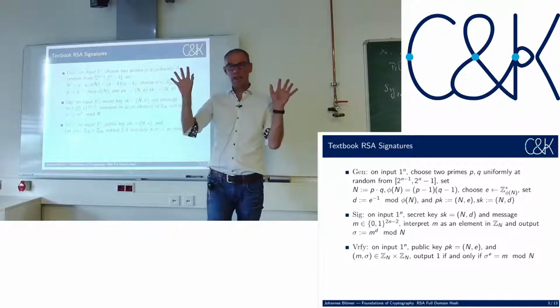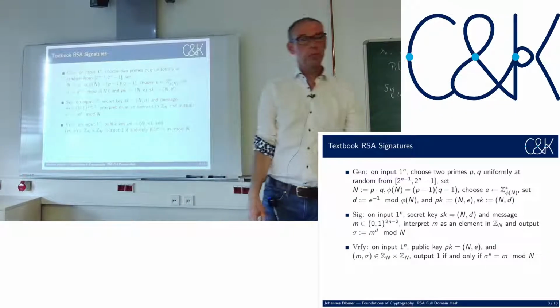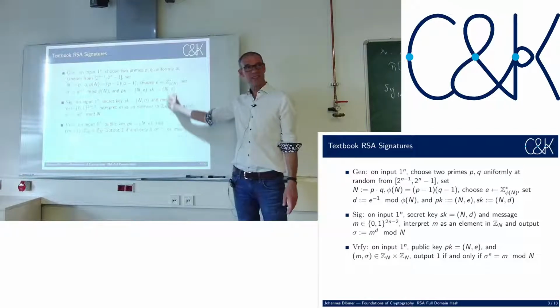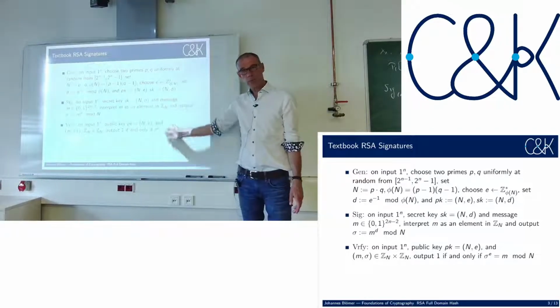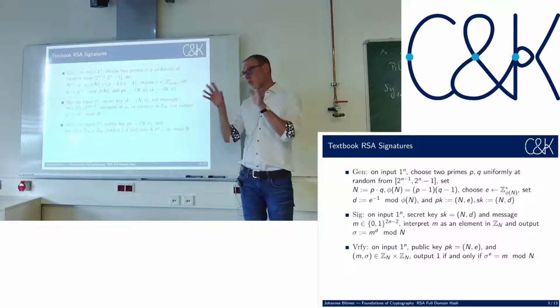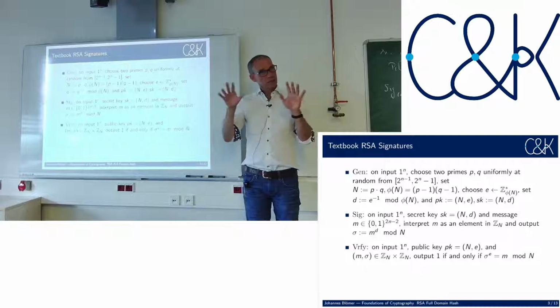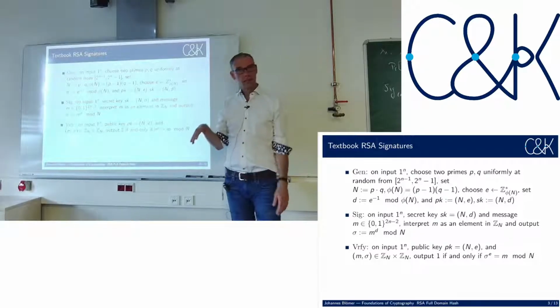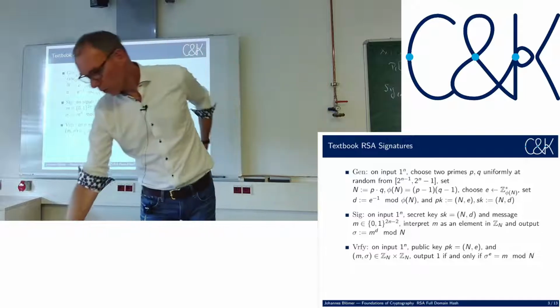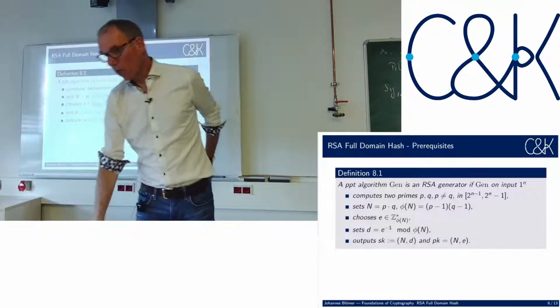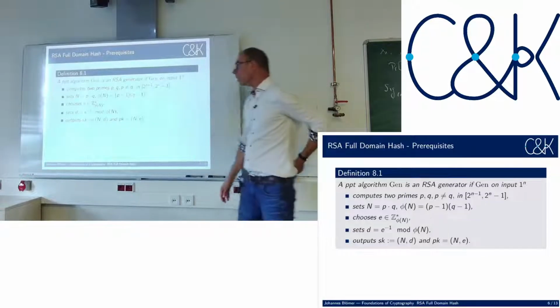We want to abstract, in our treatment of RSA, from the specific way these things are done, and make an assumption about these things and say, as long as your generator sticks to these assumptions, we will be fine. And that leads us to so-called RSA generators, or secure RSA generators.